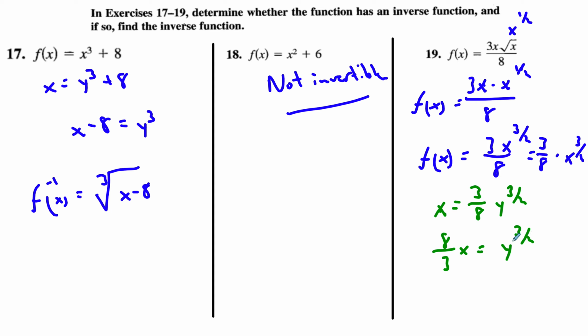So what do? Well, one way to look at this is if I were to raise this to the 2/3 power, what would that do for me? Well, we make it 1, so we get y by itself, which means that we take 8/3 x and we take the whole thing, we take the cube root and then square it.